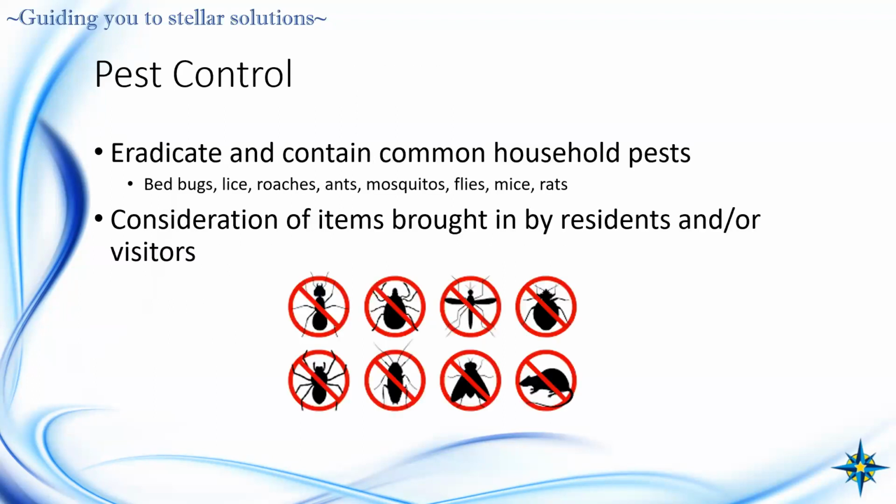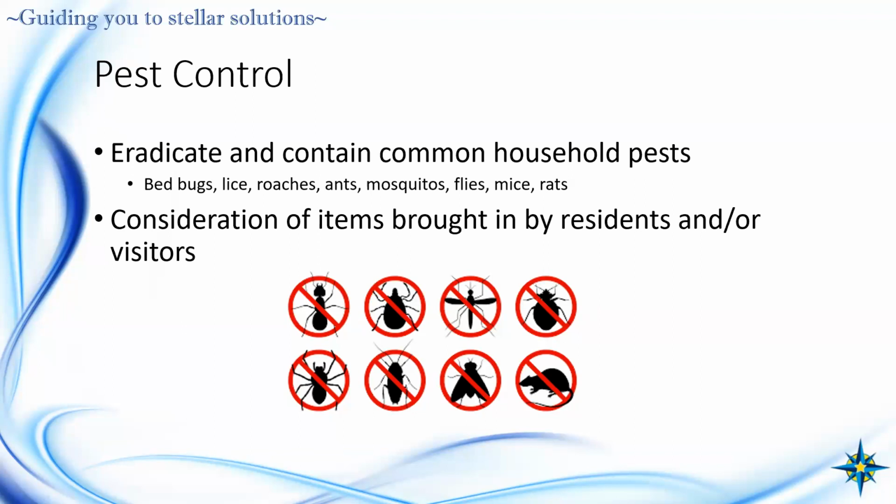Pest control, infection control and pest control work hand in hand. So our goal, of course, is to eradicate and contain common household pests. Make sure that you're aware of bed bugs, lice, roaches, ants, mosquitoes, flies, mice, and rats. Consider items brought in by residents and or visitors.